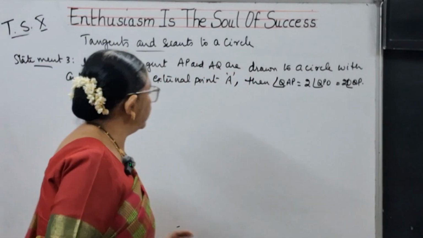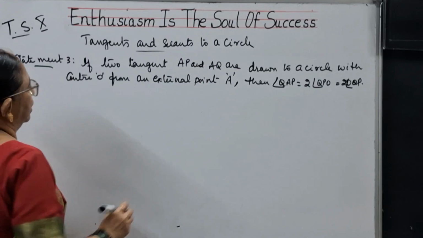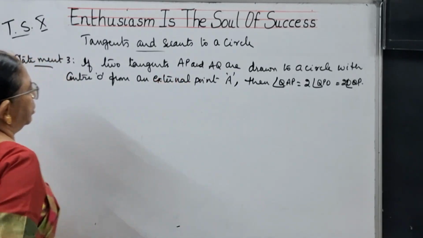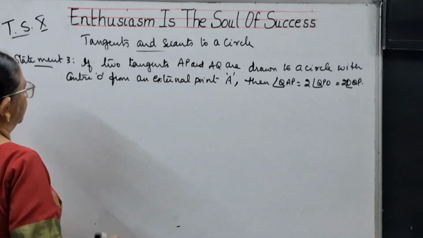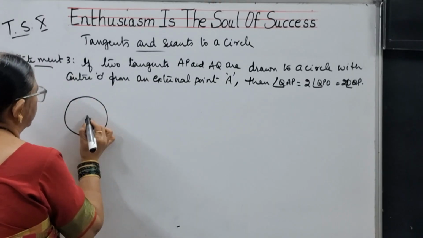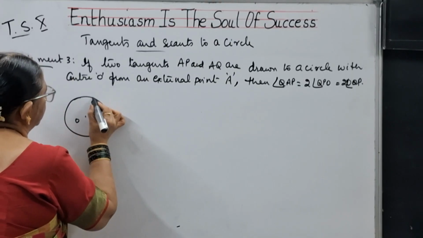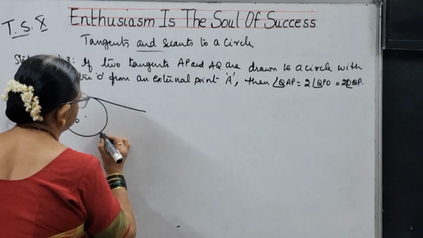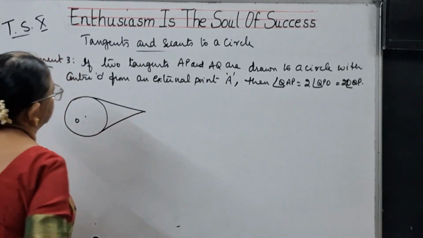Now, the statement 3 is, if two tangents AP and AQ are drawn to a circle with center O. So, there is a circle with center O. Two tangents are drawn like this.